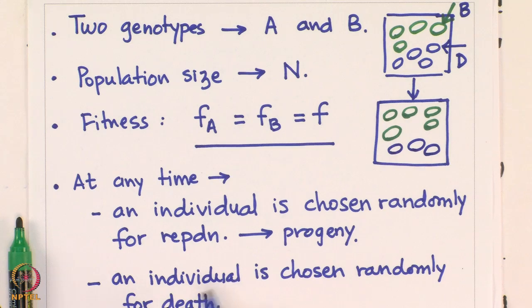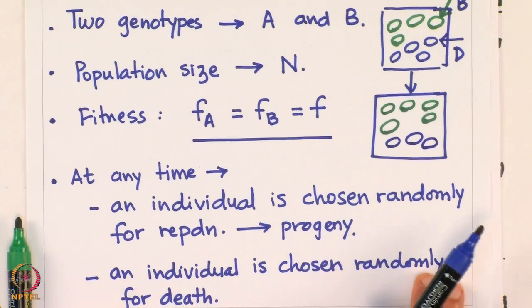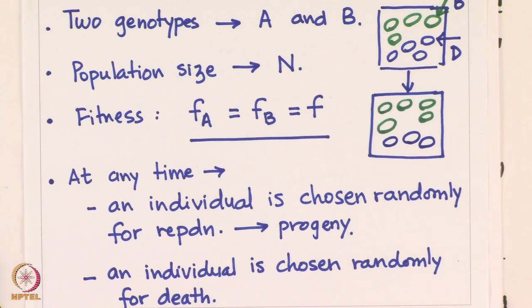At any given time, we choose birth and death events to ensure that the number of individuals in the population does not exceed n. So in the example that we had just drawn, the number of individuals in the population was set at 8, and then a birth event leads to production of another progeny, taking the number to 9, but simultaneously we mark an individual for death, and that individual gets eliminated from the population, and the number again comes back to 8.